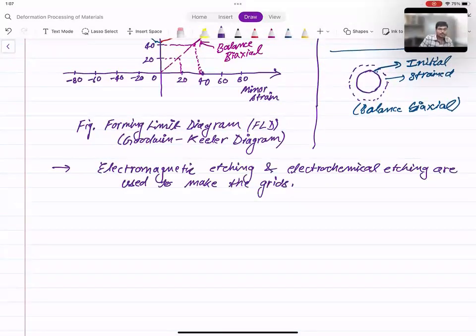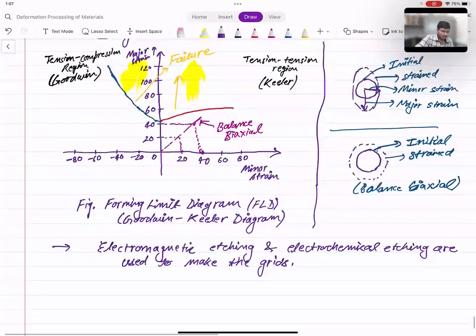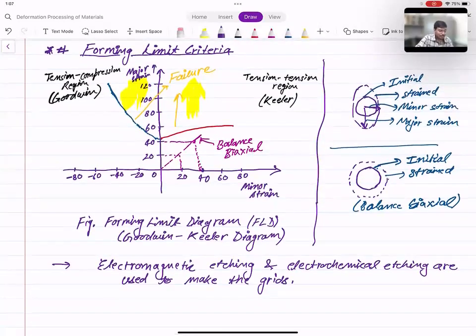Okay. So this is something known as the forming limit criteria, and this diagram here is the forming limit diagram or the Goodwin-Keeler diagram. It is used in order to predict the failure in case of sheet metal forming.